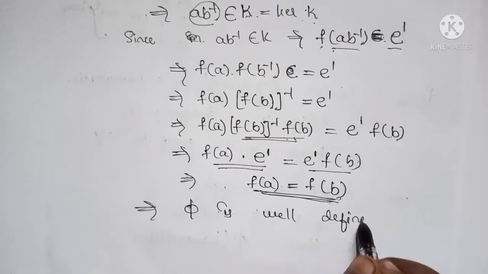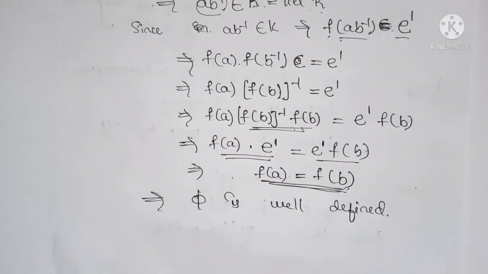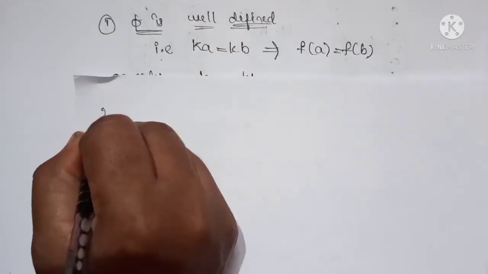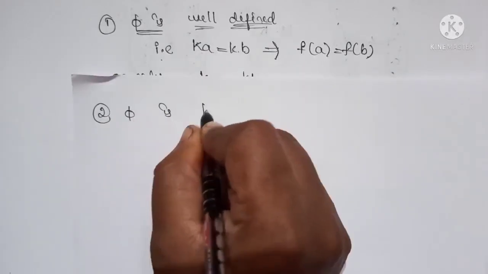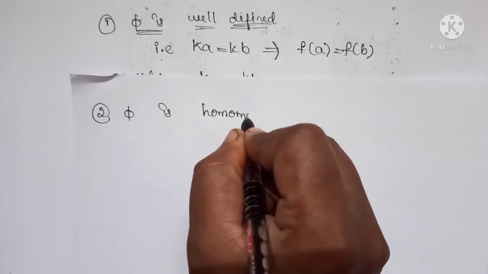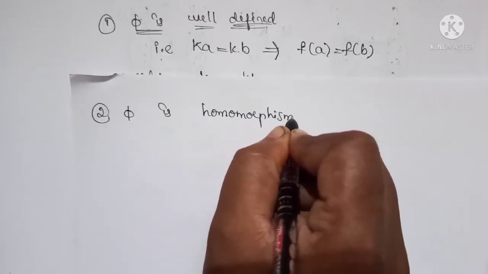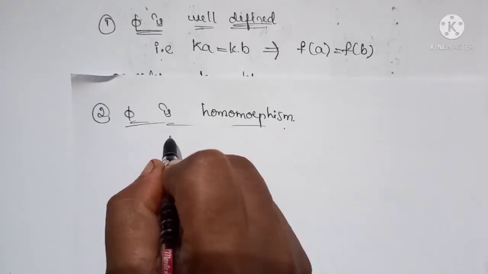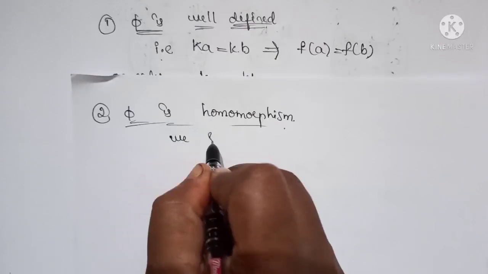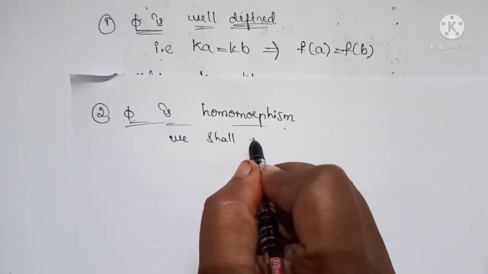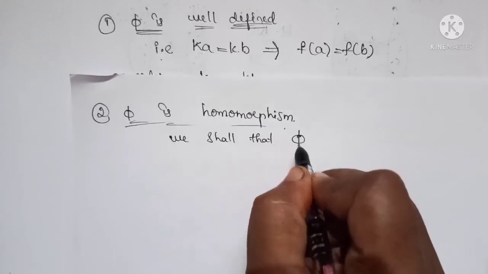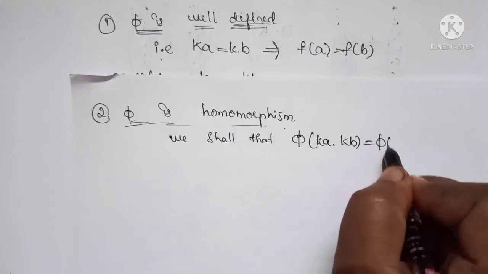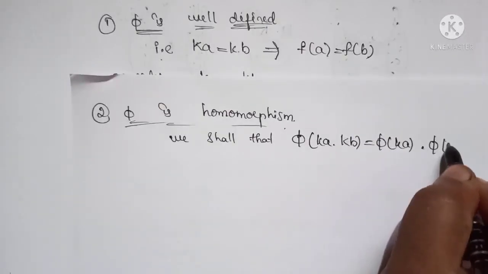Next we have to show that phi is homomorphic. Second one, we show that phi is homomorphism. For this we shall show that phi of Ka into Kb is equal to phi of Ka into phi of Kb.